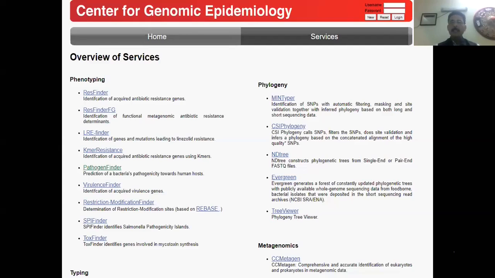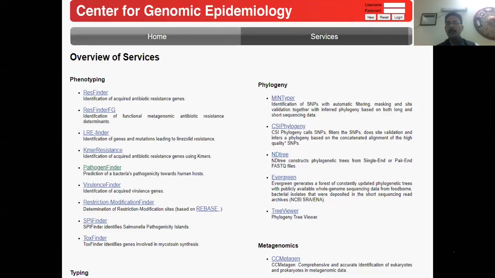Only thing is that you have to mention the organism, what is expected, that means what is the presumptive identification based on the culture method, and then you have to provide the information pertaining to the sequencing platform that you have used. Suppose you have used Illumina platform, you should write Illumina. You have used some other platform, you have to mention the particular sequencing platform and then upload the raw data.